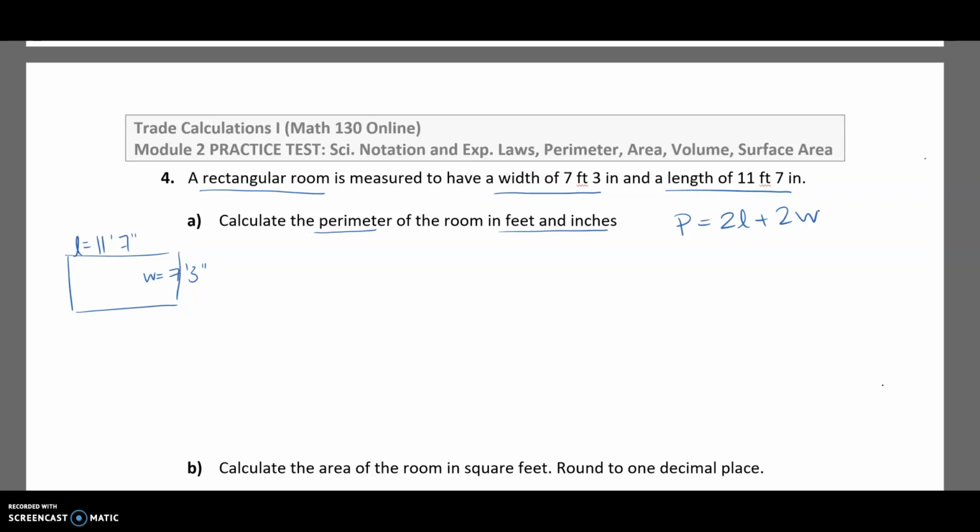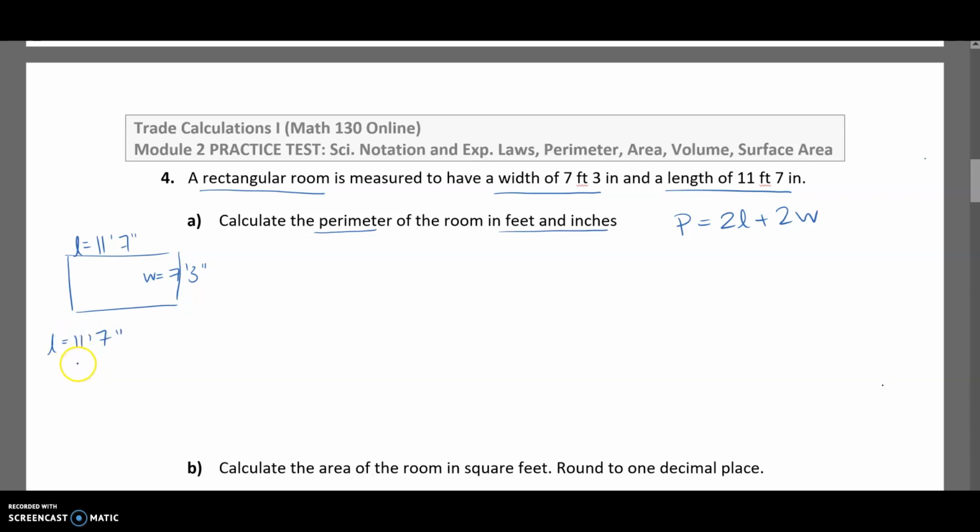When we convert all to the same unit from mixed units like feet and inches, we usually convert to the smaller unit, so then we don't have to deal with decimals or fractions as much. If you do convert to feet, make sure that you're not rounding in the intermediate steps and you're keeping all the decimals. I'll work on converting everything to inches, so my length is 11 foot 7 inches.